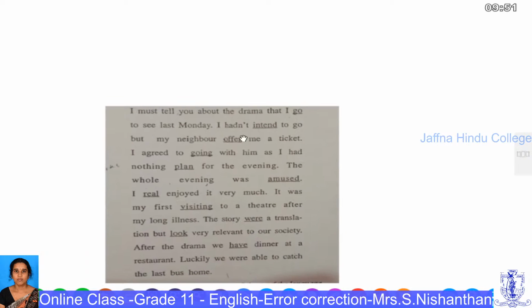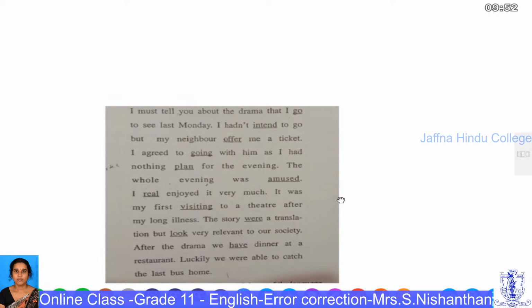Right? I must tell you about the drama, right? This should be after watching a drama. So this paragraph should go through the past tense. First of all, you have to get an idea about this paragraph.